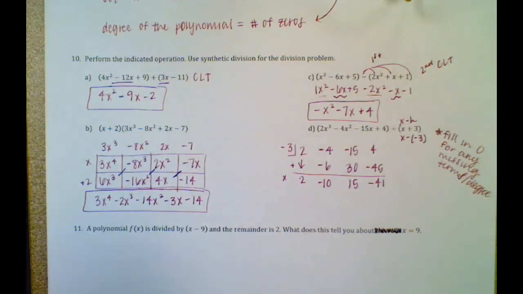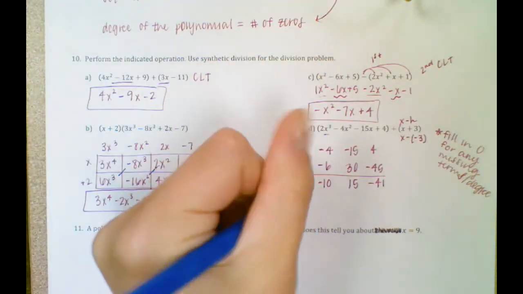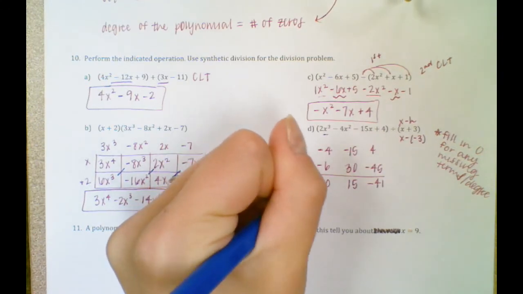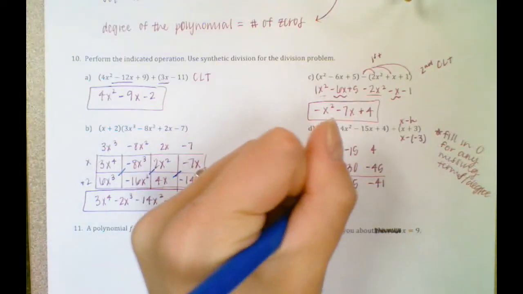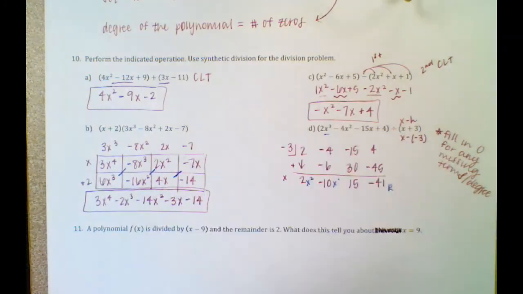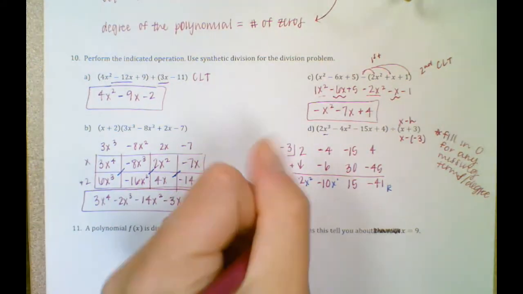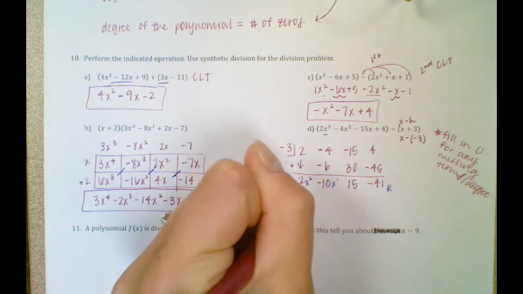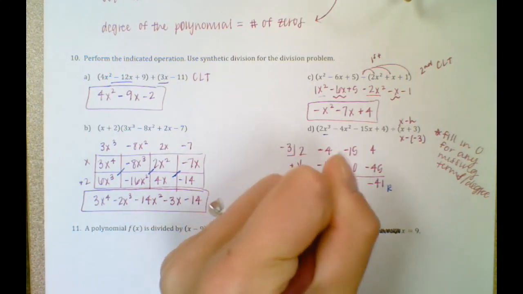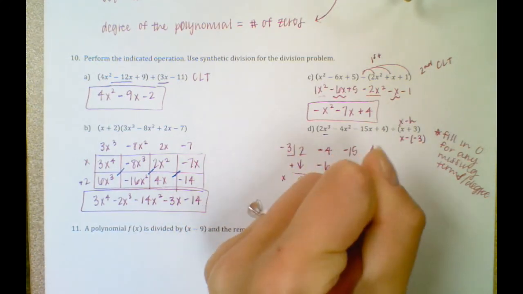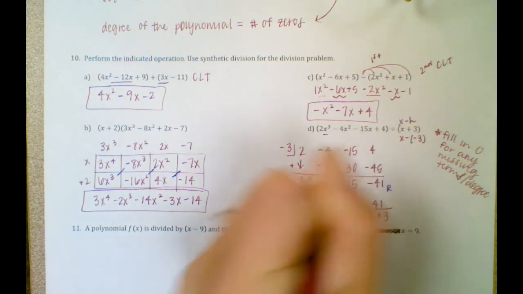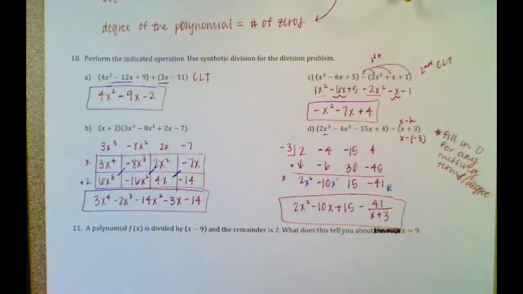Okay? And because I started with x to the third, my answer will start with 1 degree less than that. So x squared, x to the first, x to the 0, your remainder. So my answer is 2x squared minus 10x plus 15 minus 41 over x plus 3. Okay?